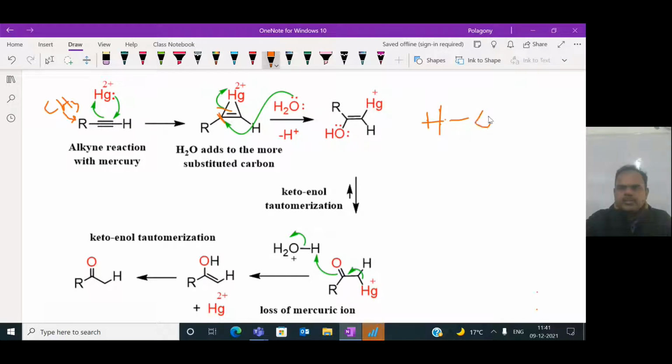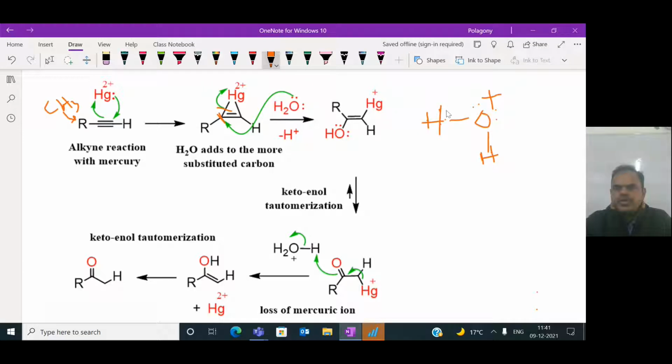You can see the structure of H2O: oxygen has two lone pairs of electrons. One lone pair is given to make the bond with the carbon, and then oxygen gets a positive charge.